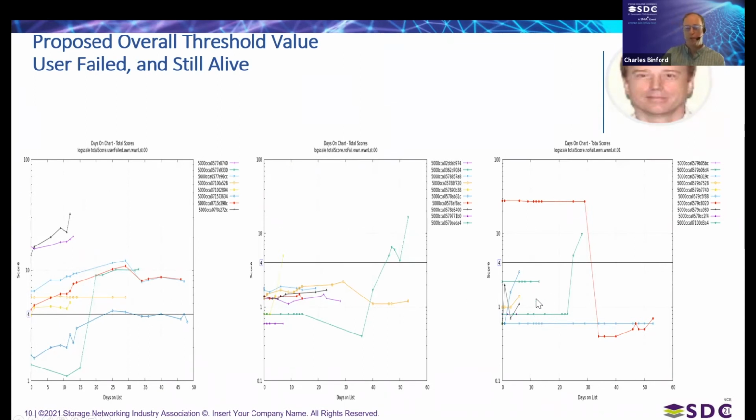Errors in the past haven't aged out and there are no new errors. But if the line is going up, that means new errors are coming in each time we monitor. And so as it rises, the score goes up and it's more likely it's going to fail. Okay, next slide.